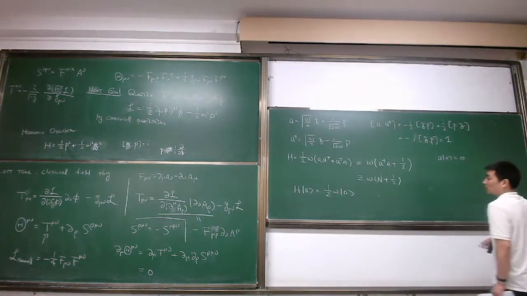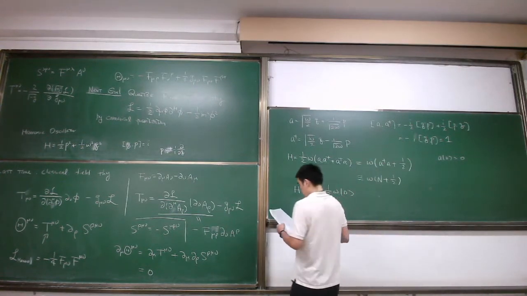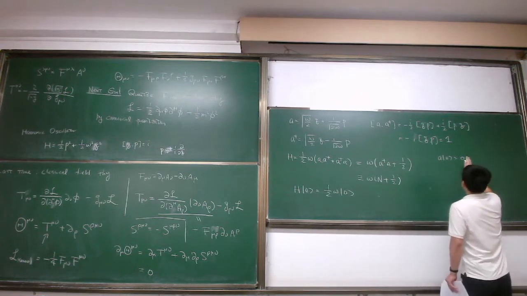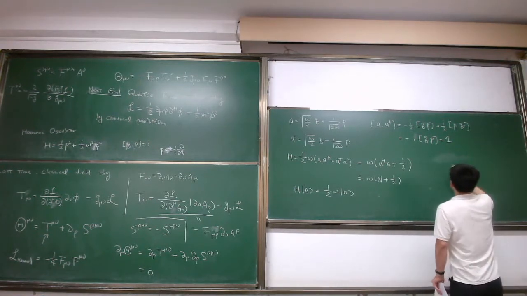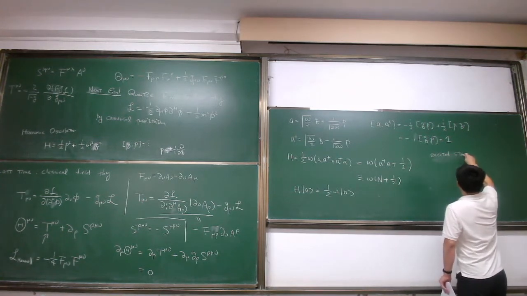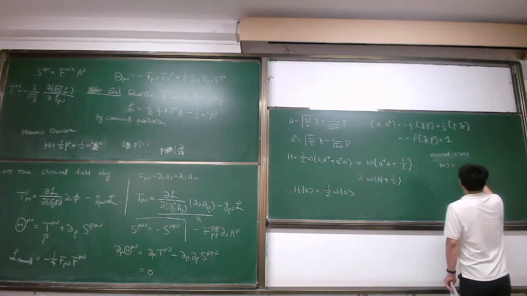And then this is the ground state and excited states. What we need is that we just keep acting on the ground state, up to some normalization.